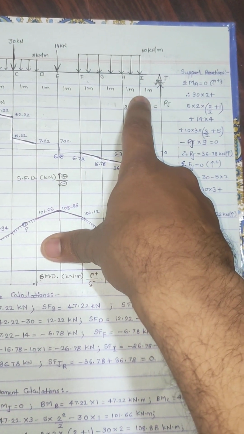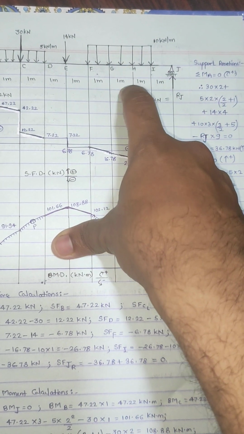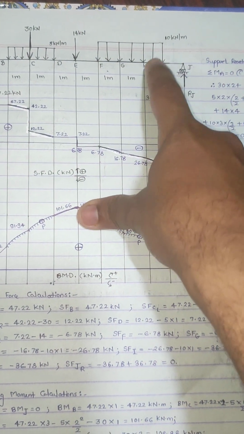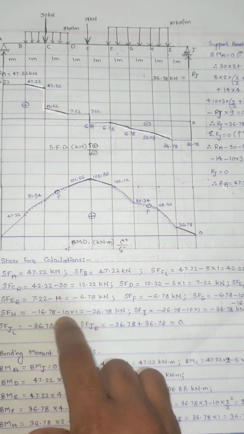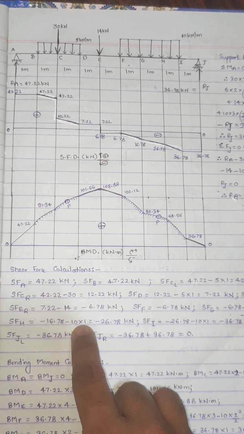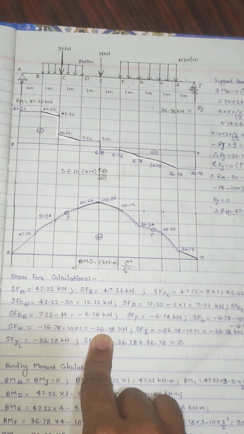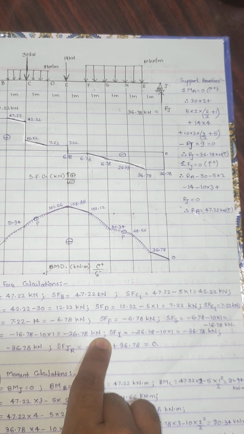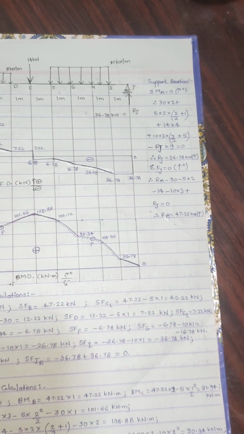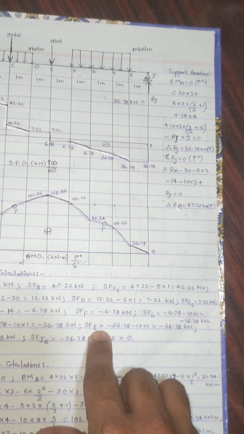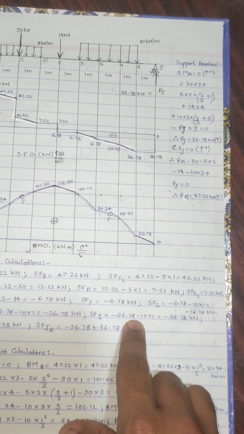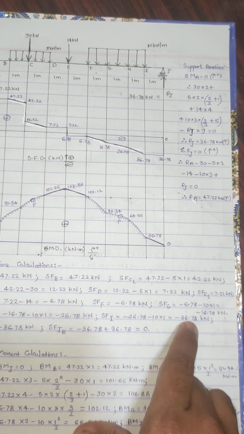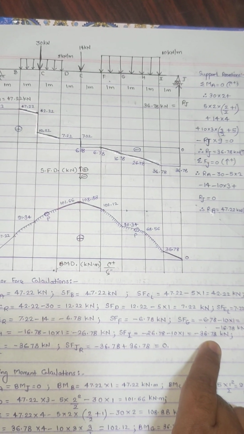Now when I reach this point, again this 10 kilonewton per meter UDL multiplied with 1 meter span. So minus 16.78 minus 10 into 1, we would get it as minus 26.78. Okay, and then when I am reaching this point I, this minus 26.78 minus 10 into 1, I would get minus 36.78.